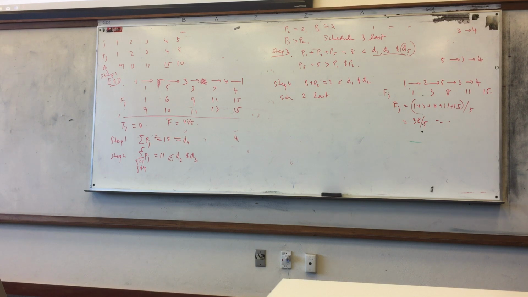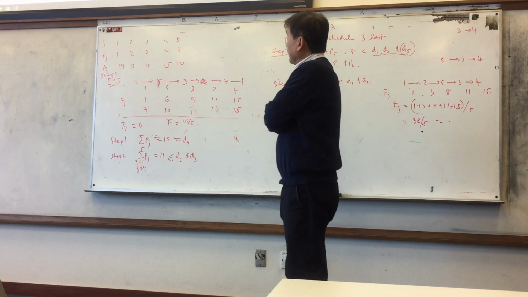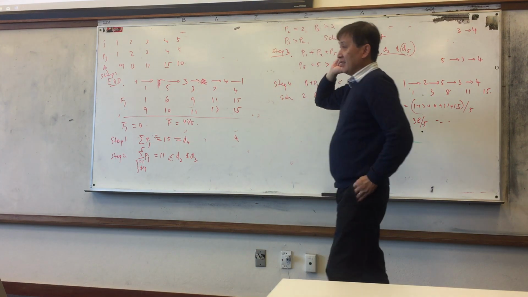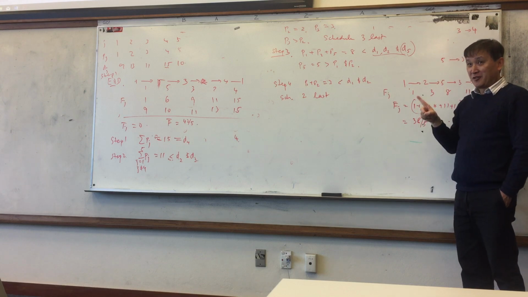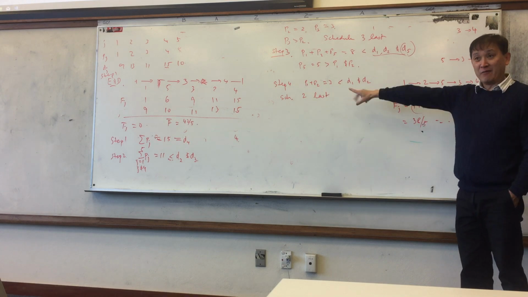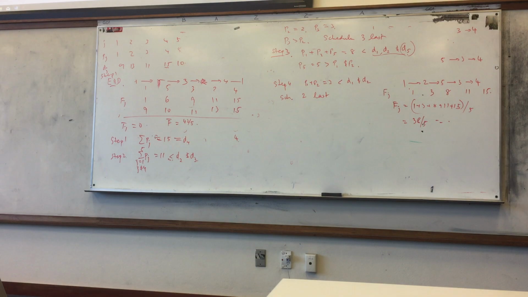This time I'm going to do that in a different way. I'm going to make sure that I have a schedule which has the minimum number of tardy jobs. So it's not the minimum average delays or average tardiness, but the minimum number.